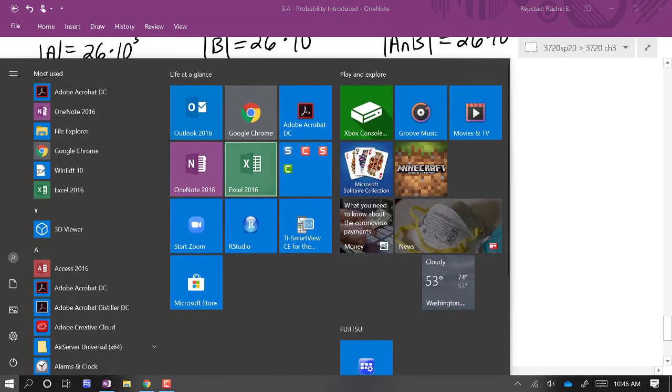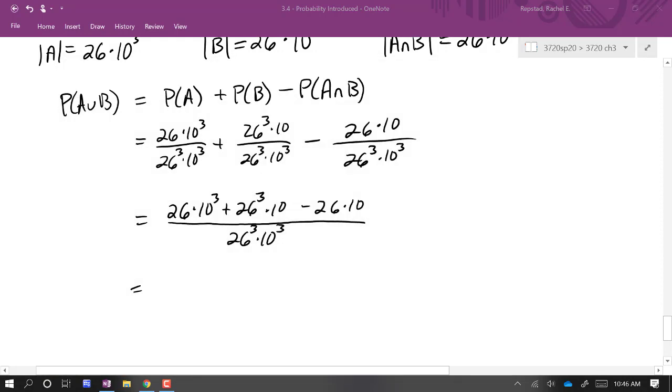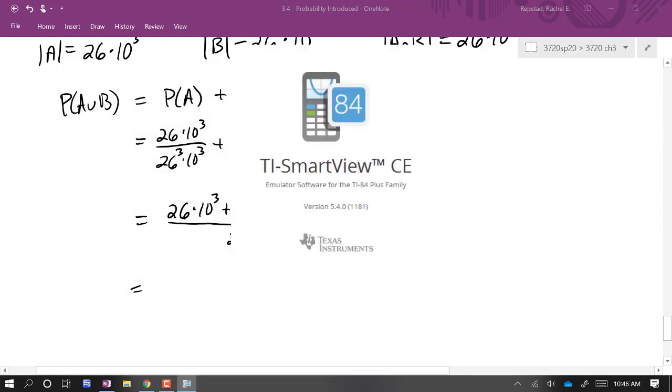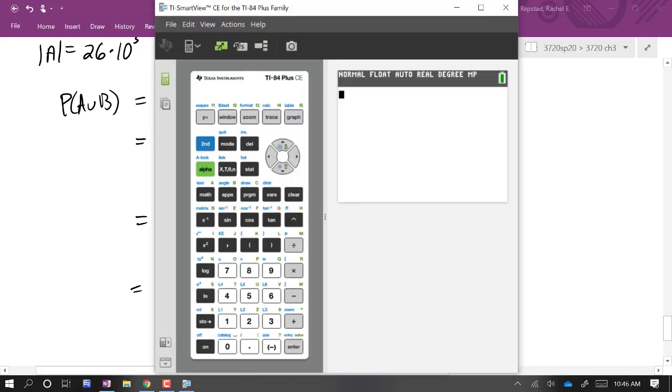And I'm going to throw this in the calculator. Okay, so up top, and divided by, I'm going to put the denominator in parentheses.